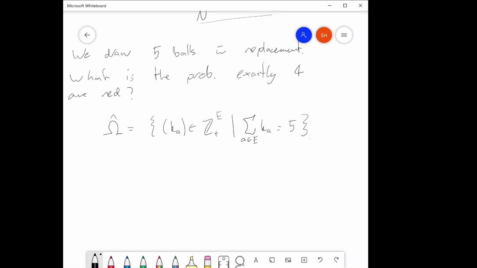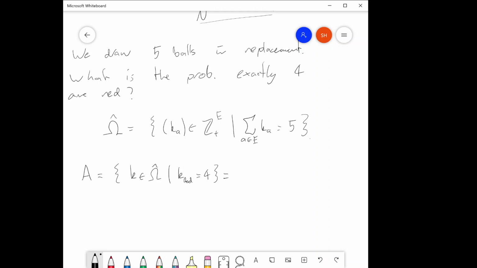Okay, and then our event that we're considering is A, which is K in omega hat such that K red is 4.